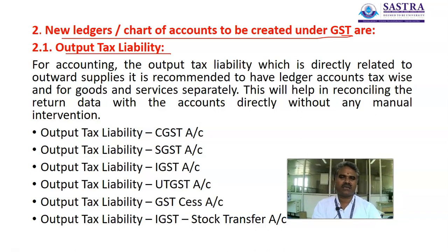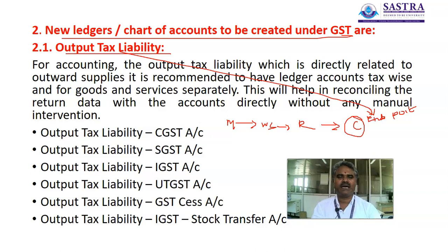All of you know the supply chain of GST: the product goes from the manufacturer to the wholesaler, then to the retailer, and then to the customer. The customer is the end point. The customer has to pay the output tax.